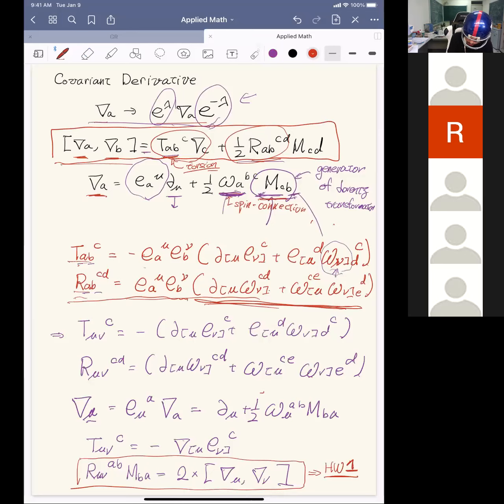Then I just want you to show that if you define your covariant derivative in this form, then this equation simplifies to the commutator of the covariant derivative being just 1/2 the Riemann tensor multiplied by the generator of the Lorentz group. So of course, what you're supposed to see is that the torsion part actually drops out in this commutation relation.